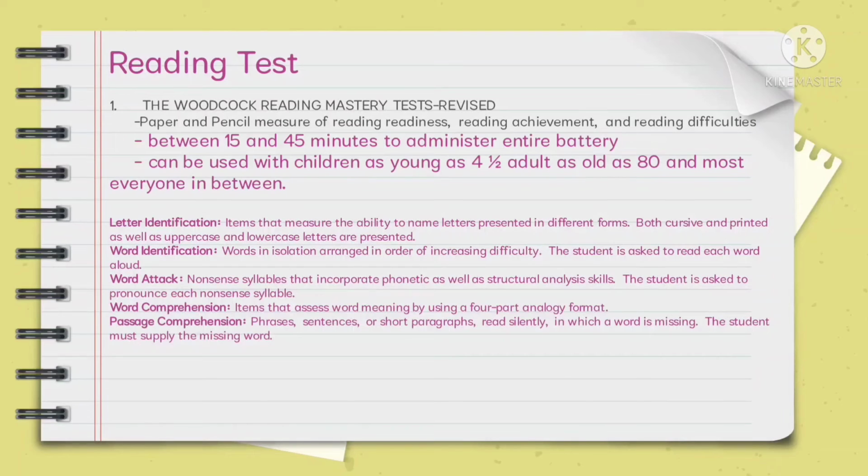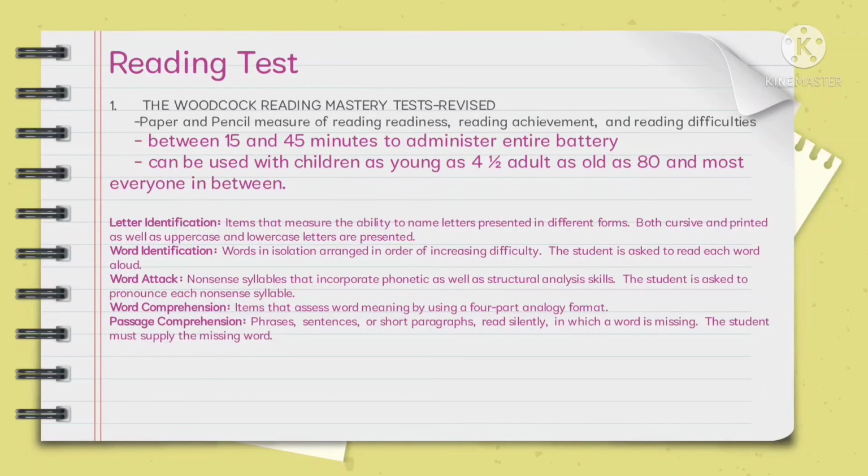It can be used with children as young as 4.5 and adults as old as 80 and most everyone in between. This edition of the test was standardized on a nationally representative sample totaling over 3,300 test takers.